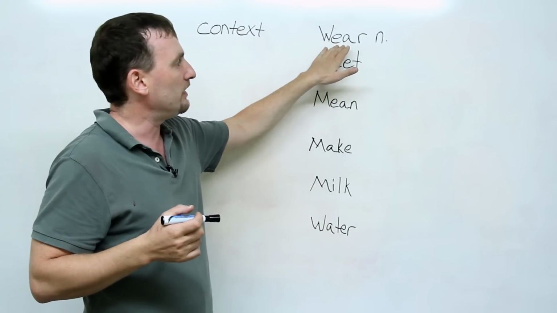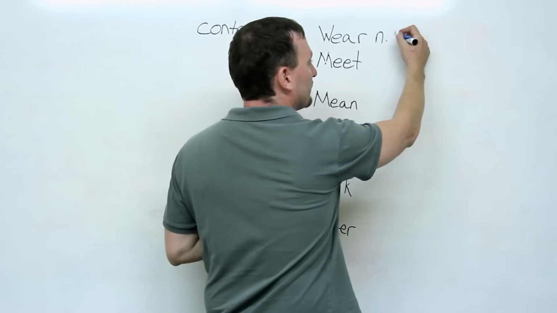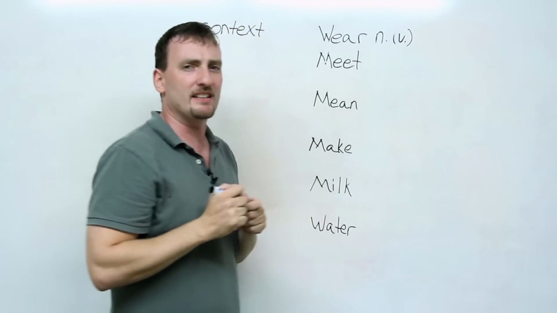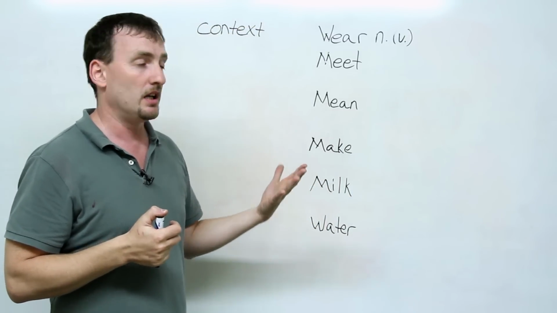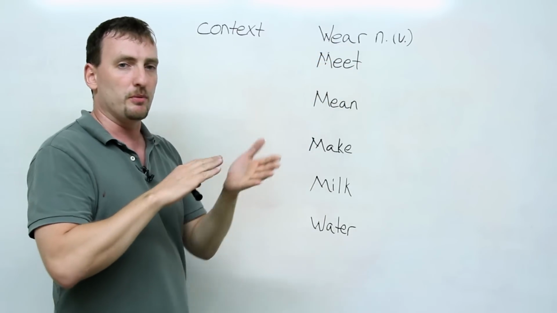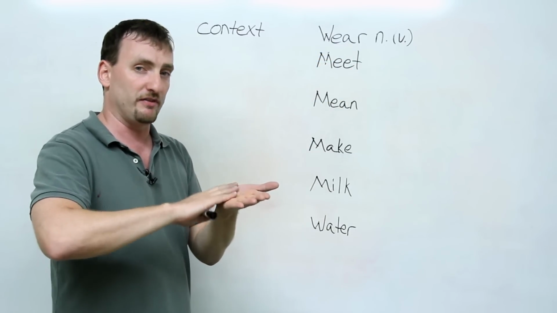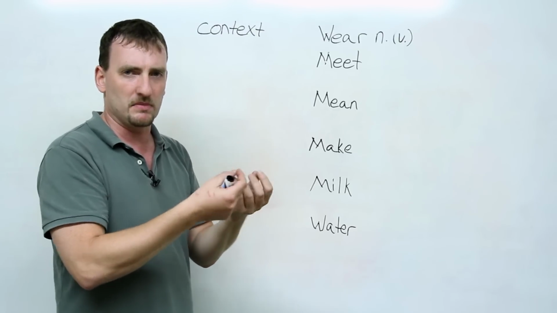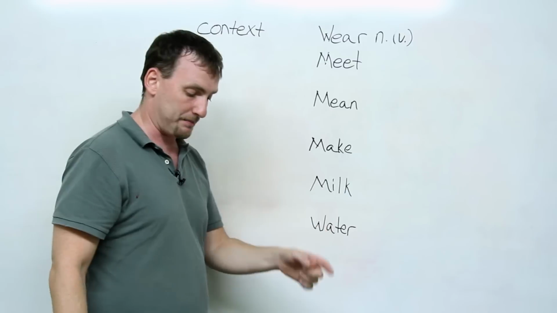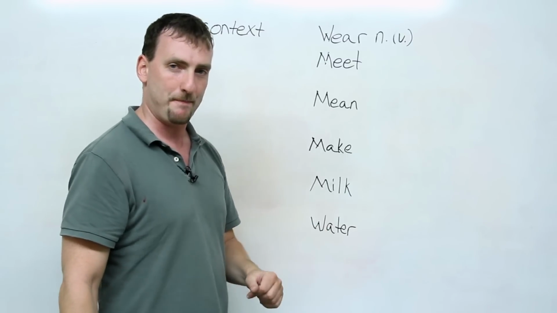The noun wear, although it can also be used as a verb, basically means to make less, to make more weak, okay? For example, if you put a lot of friction, if you rub something a long time, the material will become less and less. So for example, look at my jeans, okay?